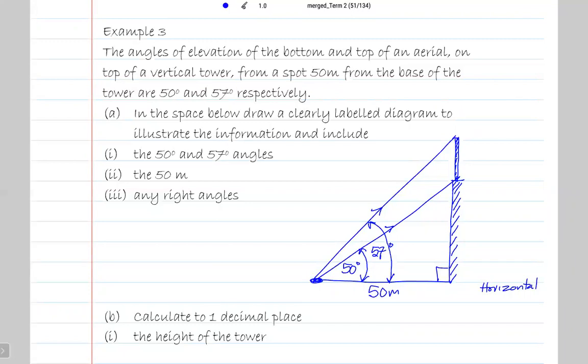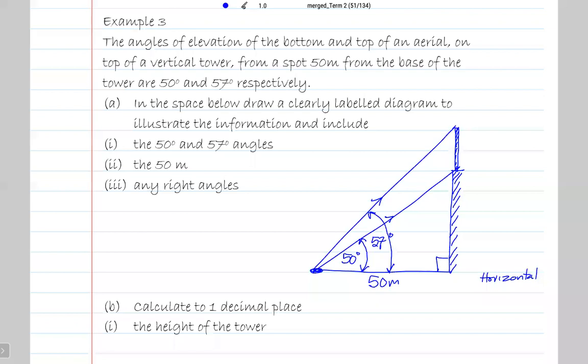All right, so that is the answer to A. What were we supposed to do? We're supposed to, in the space below, draw a clearly labeled diagram to illustrate the information and include the 50 degrees and the 57 degrees angle, which we have done, the 50 meter length, which we have done, and any right angle, which we have also done. What I want you to do now is see if you can do the rest of the question without my assistance.